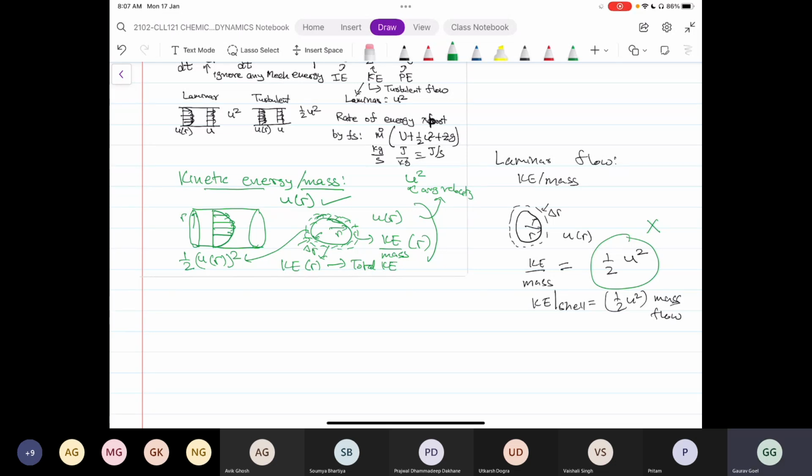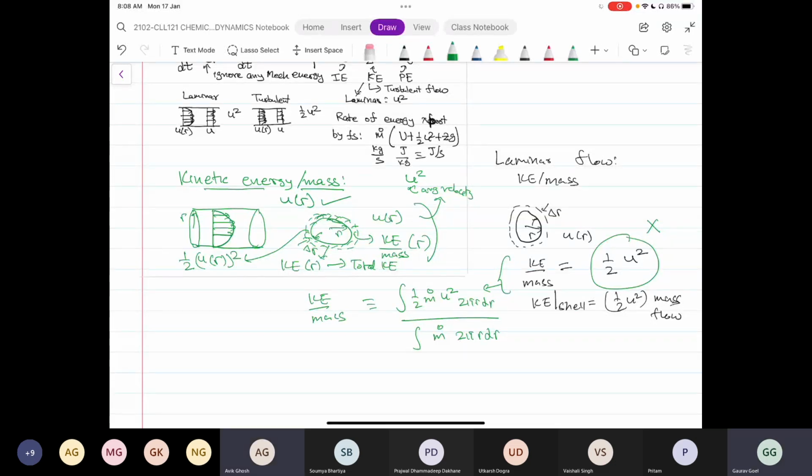So mathematically, what that means you have to calculate to get this kinetic energy per unit mass is the integral of 1/2 m naught u square 2 pi r dr, over the cross-sectional area, divided by the integral of m naught 2 pi r dr. That is the integral you want to calculate.